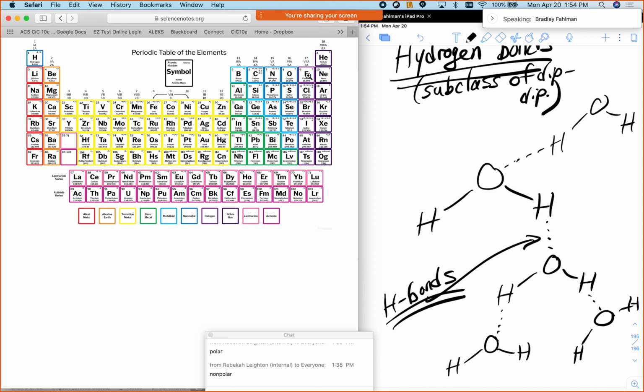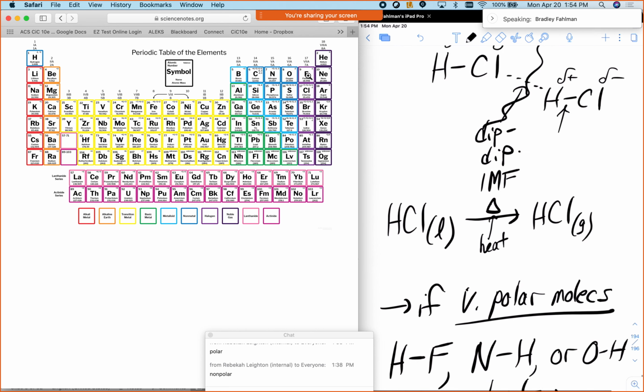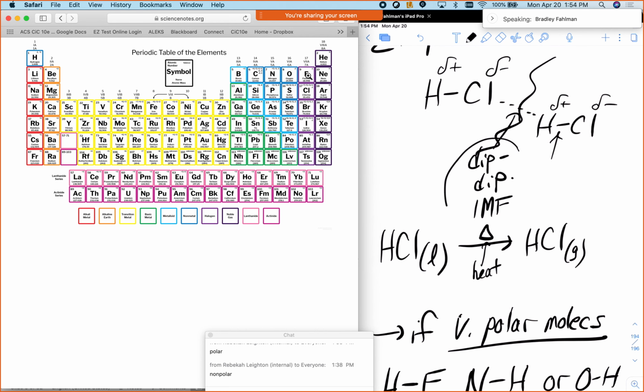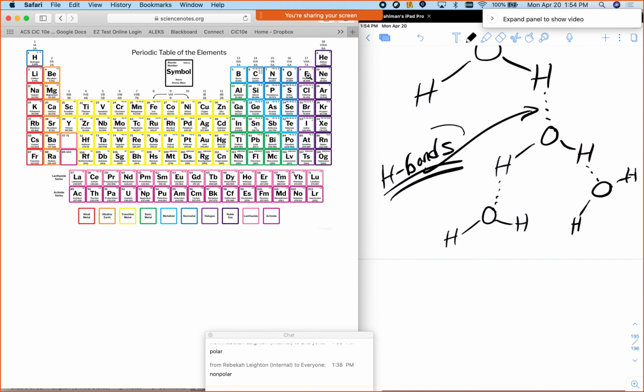And as the name implies, instead of force, up here I called these dipole-dipole intermolecular forces. This is saying that they're hydrogen bonds, so the term bond means pretty strong.